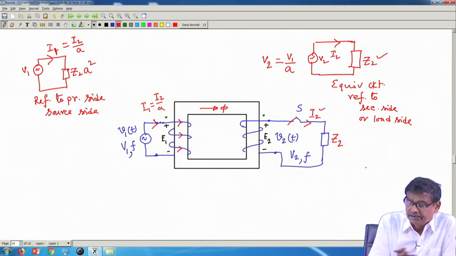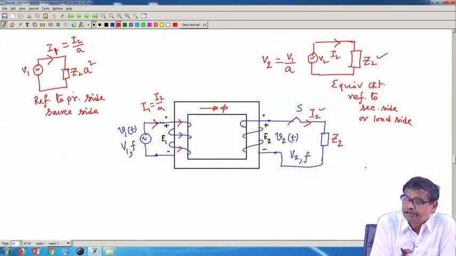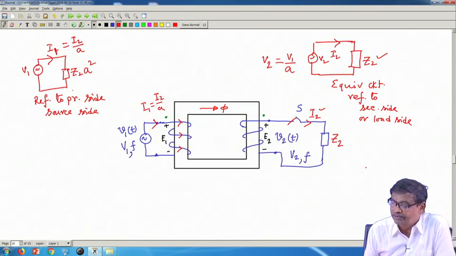V1 is already here, so no transformation is necessary for V1. On the load side, when I draw the equivalent circuit, I am in the secondary circuit.